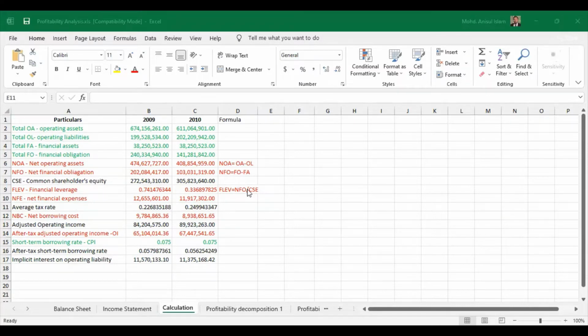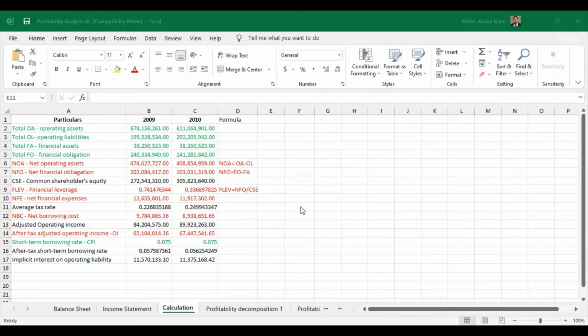So what we are doing, we are proxying the marginal tax rate with the average tax rate, as we do not have the marginal tax rate number. Okay. But note that always in the reformulated financial statements, we need to use the marginal tax rate, not the average tax rate or the effective tax rate.